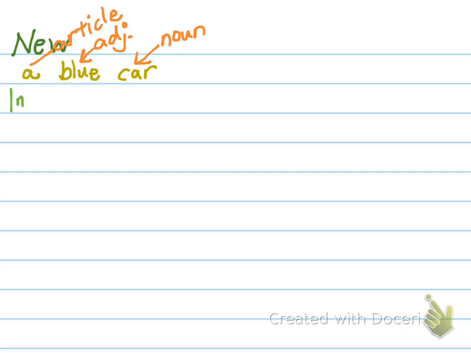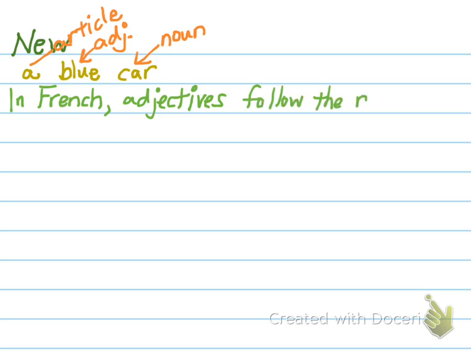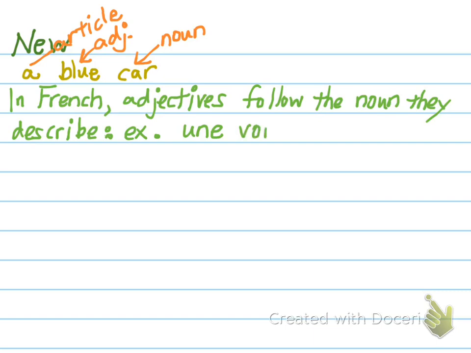So in French, adjectives follow the noun they describe. So in French, a blue car would be une voiture. And because voiture is feminine, here's my masculine singular form of blue, and I added E to make it feminine.